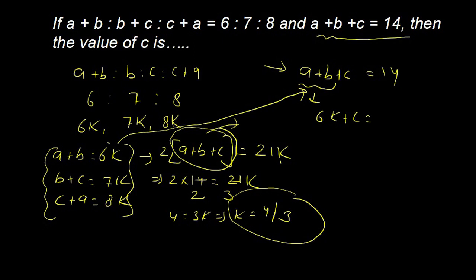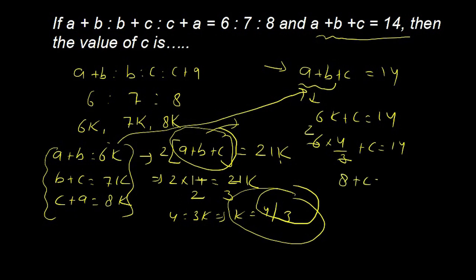So 6k plus c is equal to 14, and k is 4 by 3. So let's put the value over there. 6 into 4 by 3 plus c is equal to 14. 3 2s are 6, 2 4s are 8, so 8 plus c is equal to 14. So the value of c is going to be 6. Okay, so this is what we can do.